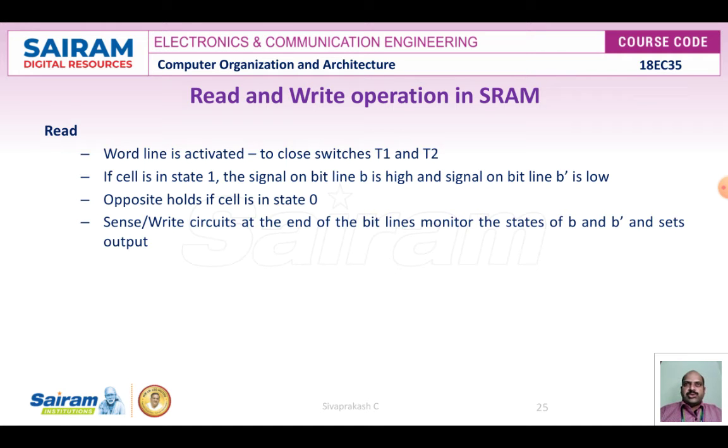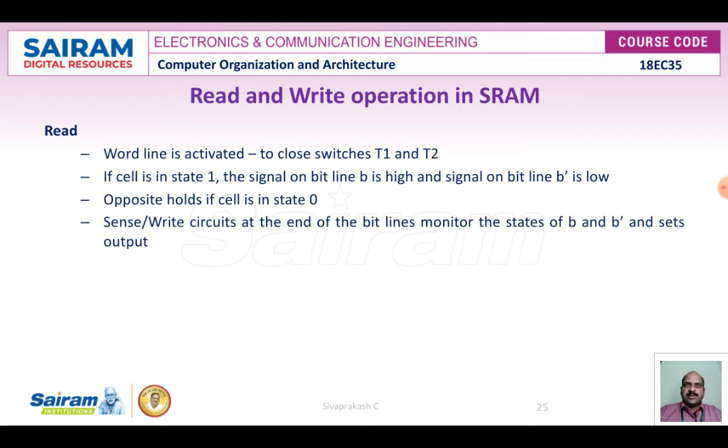The opposite is true if the cell is in state 0. Then B is 0 and B dash is 1, which is high. Thus, B and B dash are complements of each other.